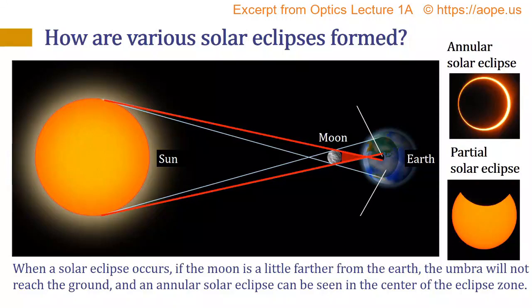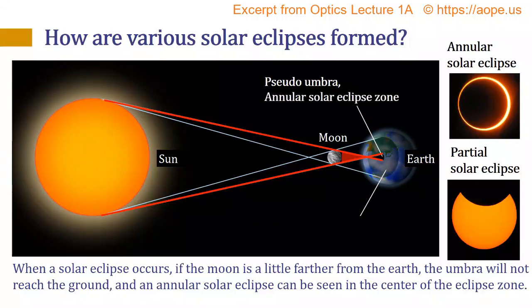After these two rays cross, such a new area will be created in the center of the eclipse region. This area is called a pseudo-umbra. The moon appears a little smaller than the sun at this distance and can only block the middle part of the sun.